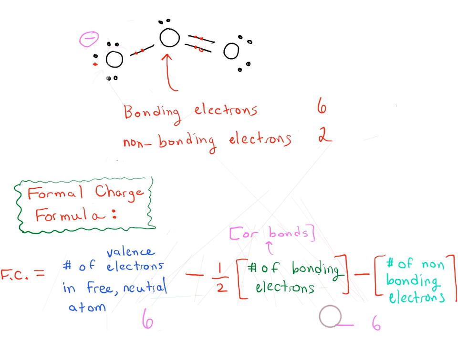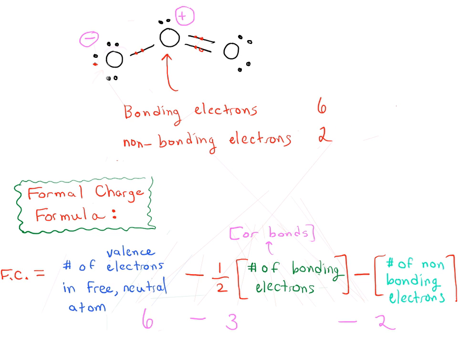And in the formula, again, just plug and chug. 6 is the number of valence electrons in a free neutral atom of oxygen, so this remains the same. 1/2 times 6 gives us 3. Again, you get the same answer if you just count the number of bonds. And from this, we subtract the number of non-bonding electrons, which is 2. So 6 minus 3 minus 2 gives us plus 1. Normally we'll just draw a plus.